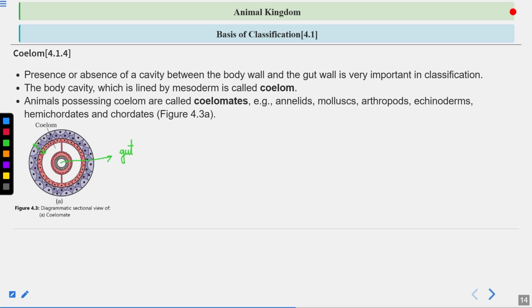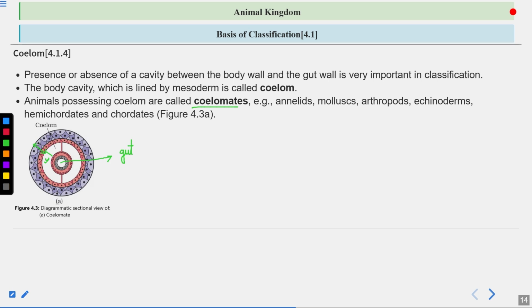And here the body wall. What is this inner lining? This is again mesoderm. So this is the cavity, white color. This cavity is a true cavity. That is coelomate, because from both sides, the body wall has the mesoderm layer, and the outer layer of the gut wall again has the mesoderm layer, right?